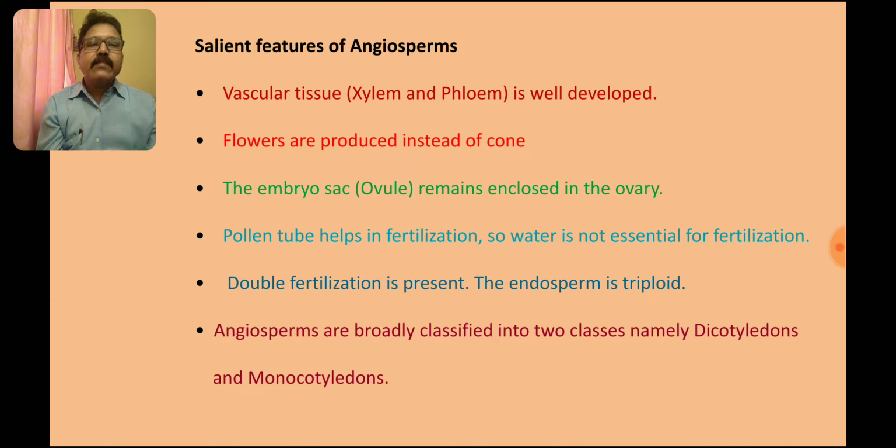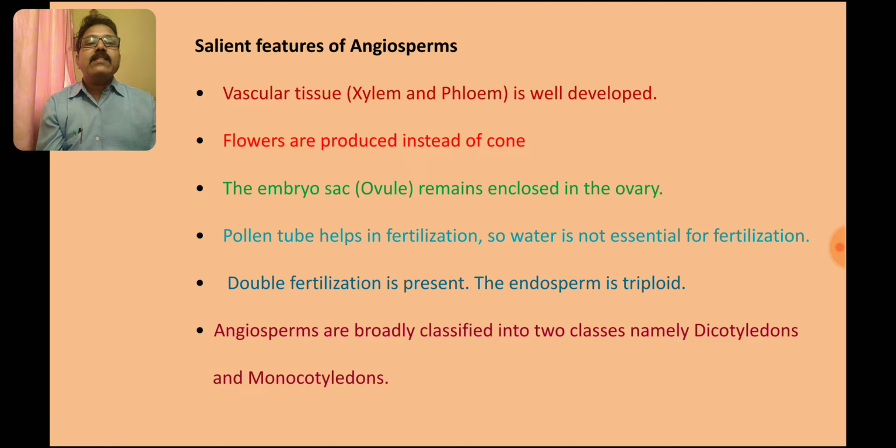The embryo sac, that is the ovule, remains enclosed in the ovary. The pollen tube helps in fertilization, so water is not essential for fertilization. Double fertilization is present and the endosperm is triploid. Double fertilization is an important salient feature of the angiospermic plants.